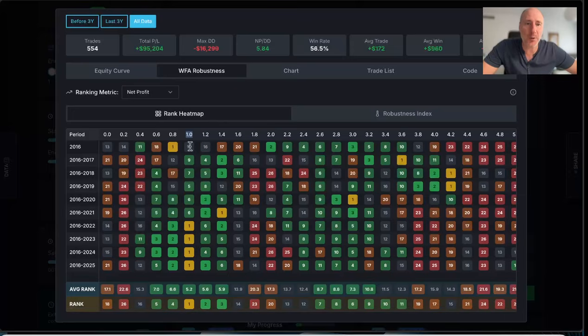And what we did see is that basically, let's exclude 2016, that's just the initial year, but if we would do this process on 2016 to 2017, space 1 would rank number 9. But next year it would actually rank 7, so it would get better. Next year 5, next year 6, next year 6.